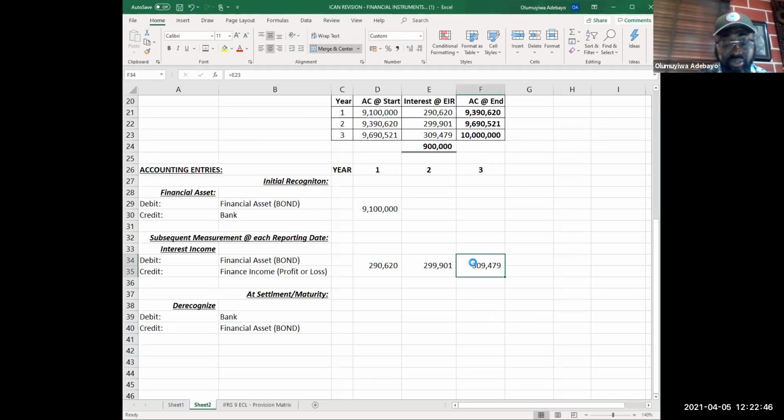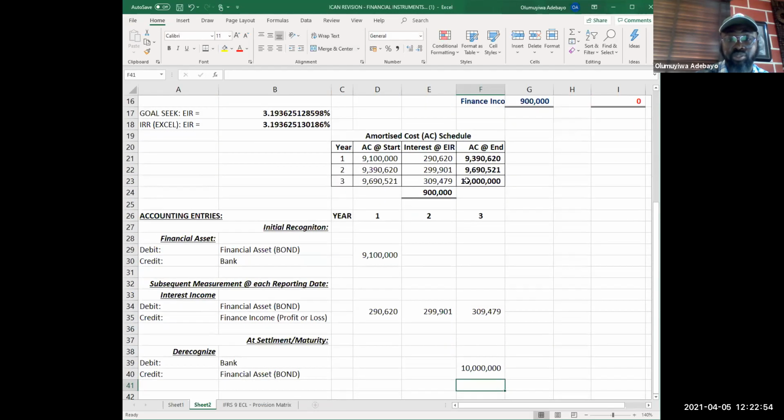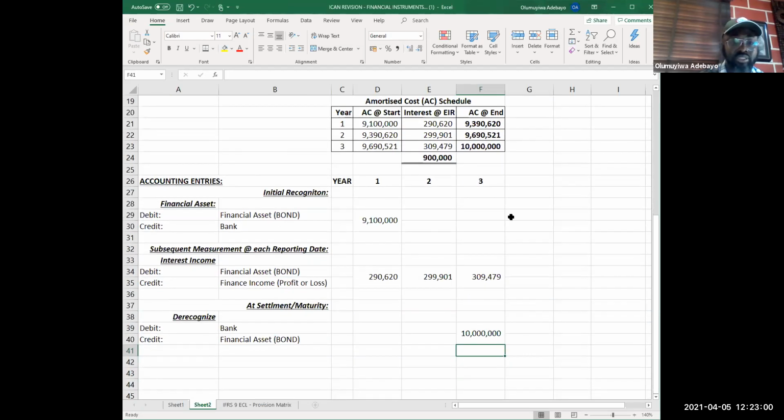And that is year three. You get back your money, which equals this 10 million. Does that make sense?